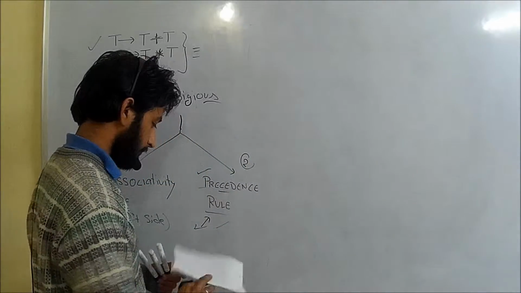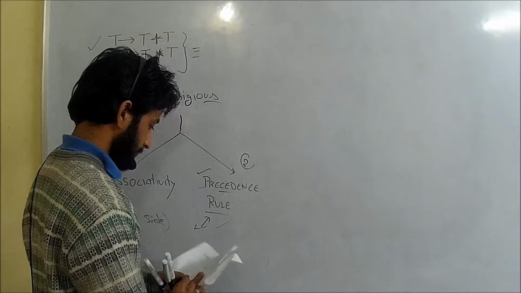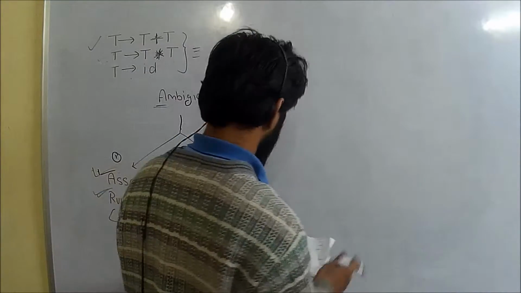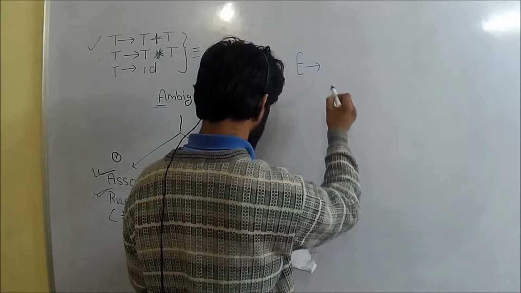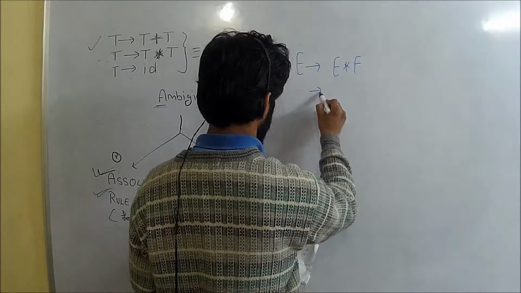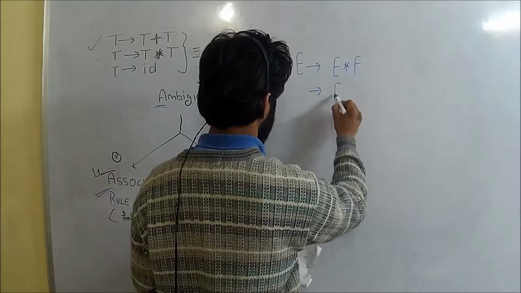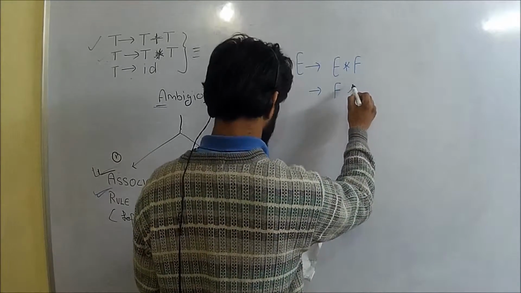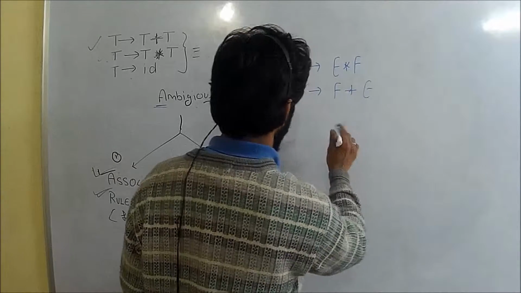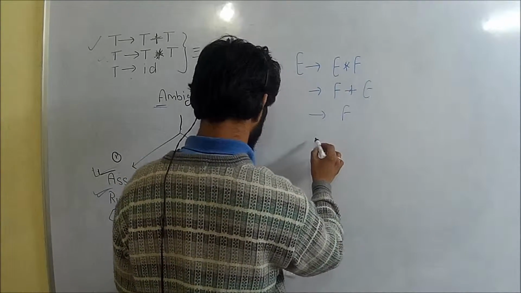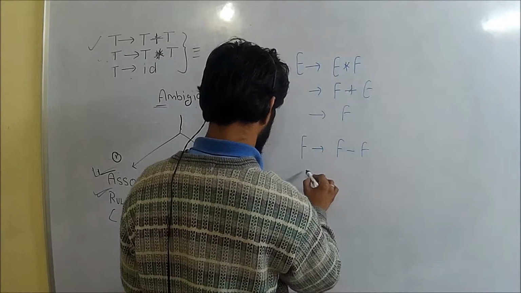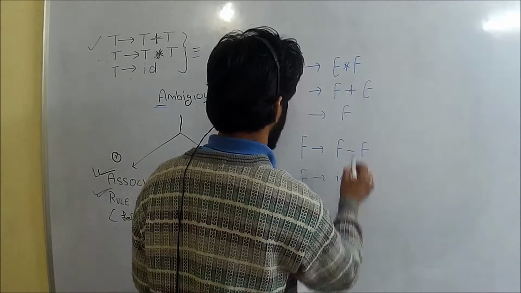The example is: I have productions like E derives E star F, then E derives F plus E, then E derives F, then F derives F minus F, F derives ID.